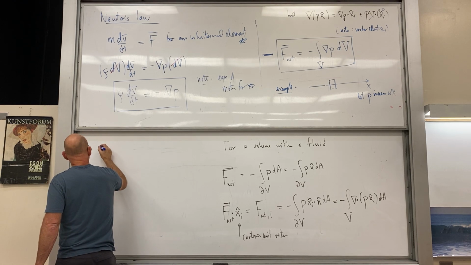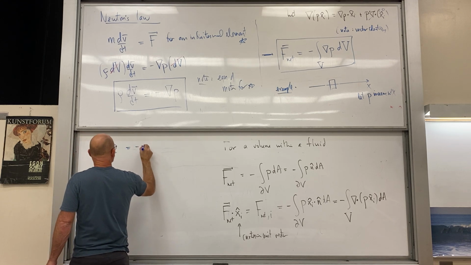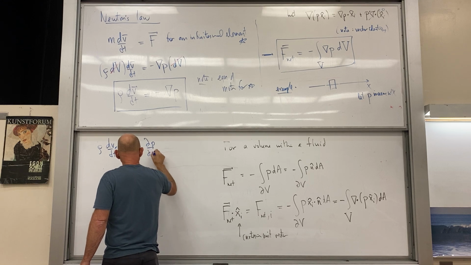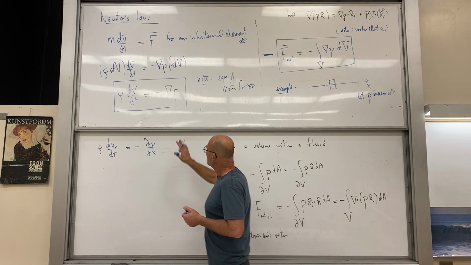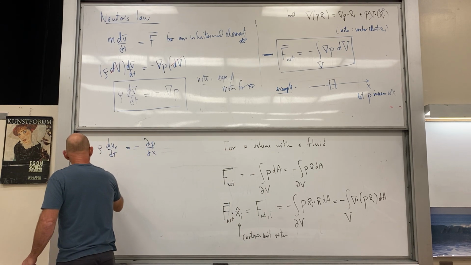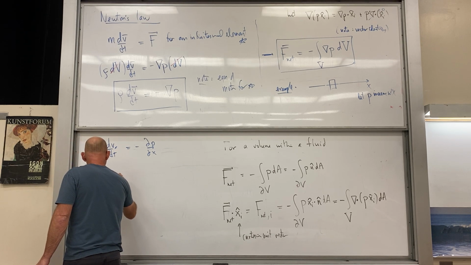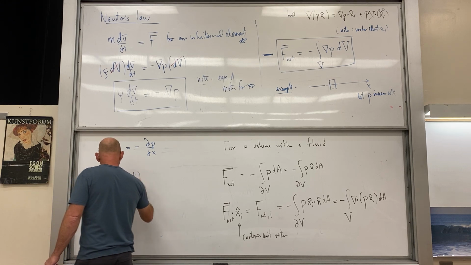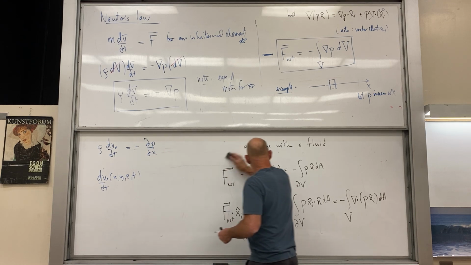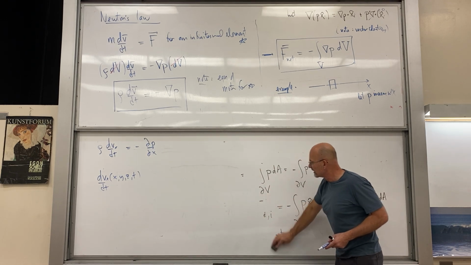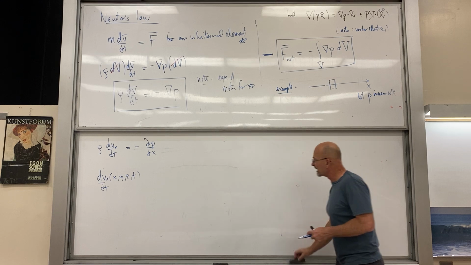So continuing this thing here, let's say we have rho dvx/dt is equal to minus dp/dx. That would be the one component, and there are three other components as well. So let's do the chain rule on this. We're looking at dvx/dt of x, y, z, and t, because this is supposed to be a field. Well, we've done a lot of chain rule this semester, so that shouldn't be so bad.